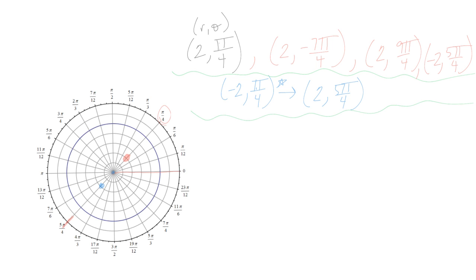So let's say I want to plot negative 3 comma 5 pi over 3, and I want to name the point two other ways.